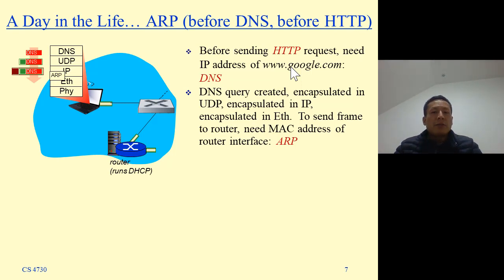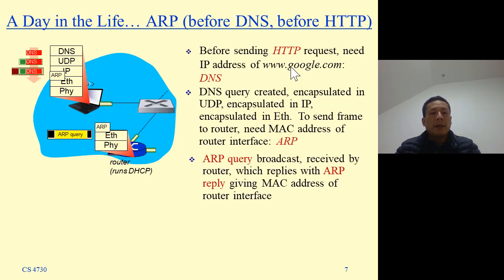But before that, you have to go through your local Ethernet first. So you have to know the MAC address of the router you are connecting to. Again, that is achieved by ARP. The router will reply and let you know the MAC address of the router's interface.